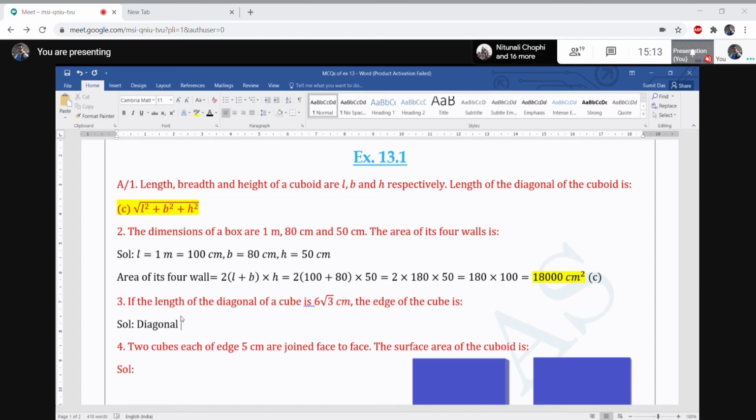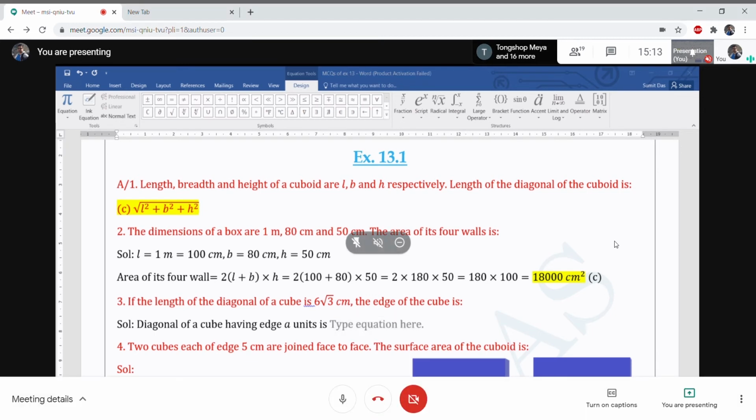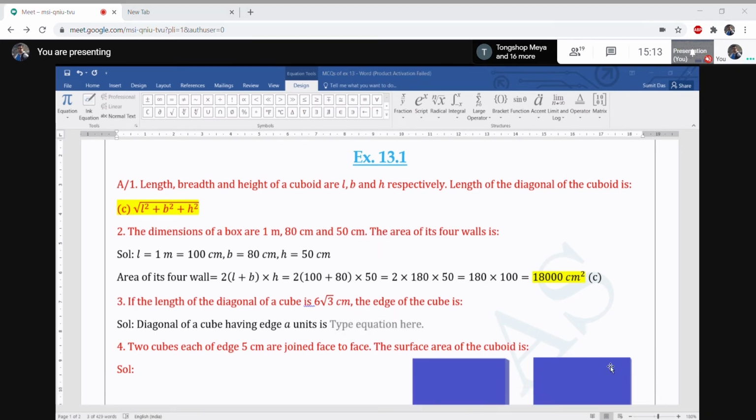Diagonal of a cube having edge a, anyone remember? Please write it down in the comment box. What is the diagonal of a cube? The diagonal of a cube formula is a square root of 3.